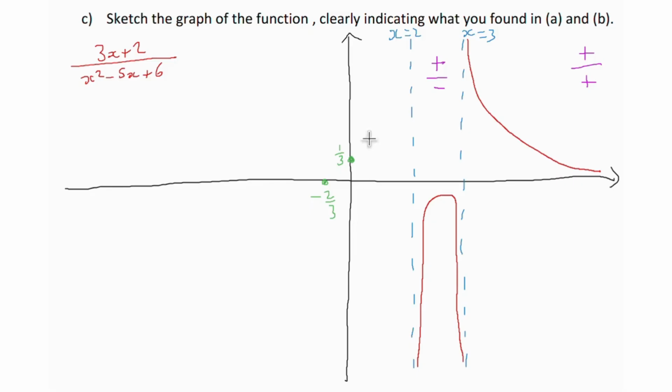Now what about on this side? Well, we know roughly what's going to happen, because it's got to come to this point, it's got to go up to there, and then over here it's got to go up to that asymptote. But it's meant to be going towards this asymptote, so what's happening here? Let's think again about the sign diagram after −2/3. Let's do something like −1. At −1, we have −3 plus 2, so that's negative, over 1 plus 5 plus 6, so that's positive.